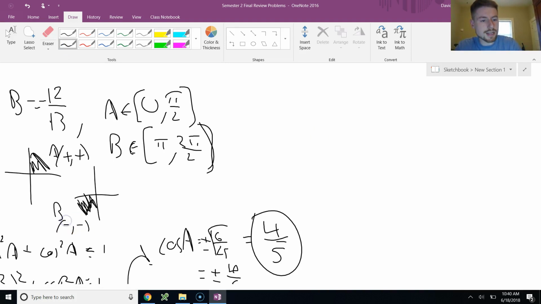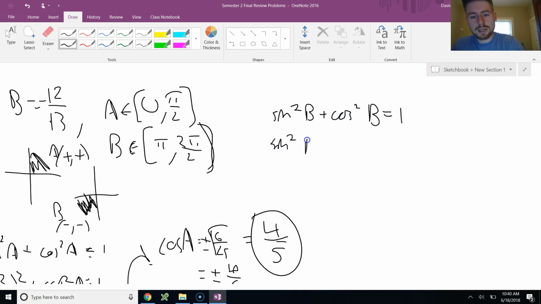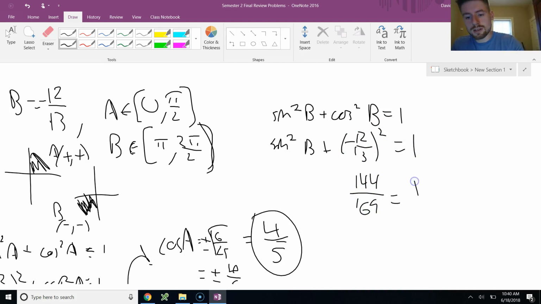So the sine of B is negative. We know sine squared B plus cosine squared B equals 1. Sine squared B plus negative 12/13 squared equals 1. That's 144 over 169. Sine squared B.